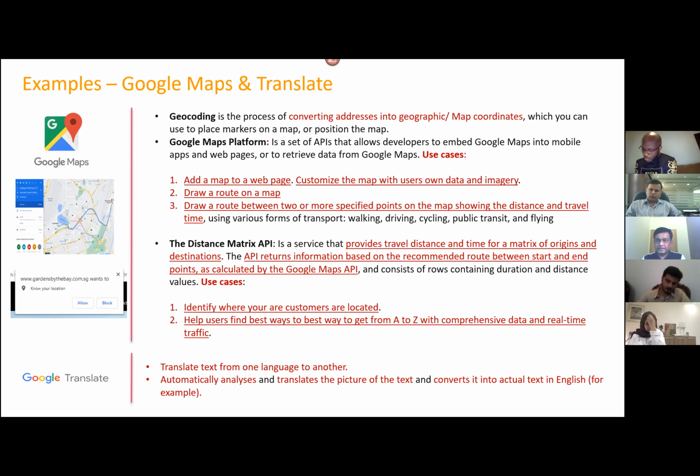So they have licensed with Google, wherein whenever I as a user go to their platform and click that I'm staying, let's say, in Eastern Singapore, and I want to come to your location, it sends that information through the APIs to this platform, and that sends back this information that this is where you are based on the map coordinates.